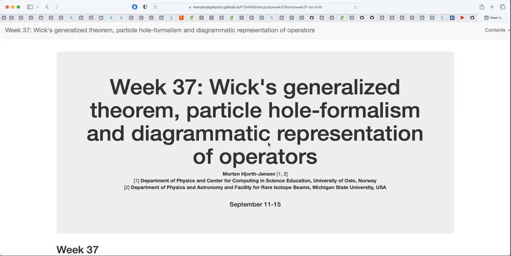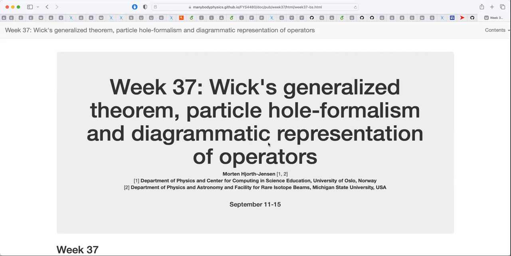And you will see why this is a handy way of representing the calculations and having this as a calculation recipe. Because as soon as you are getting into more than 3-4 particles and you want to calculate expectation values, you will quickly see that the benefit with Wick's theorem is a little bit spoiled, because you need to take into account all possible contractions.